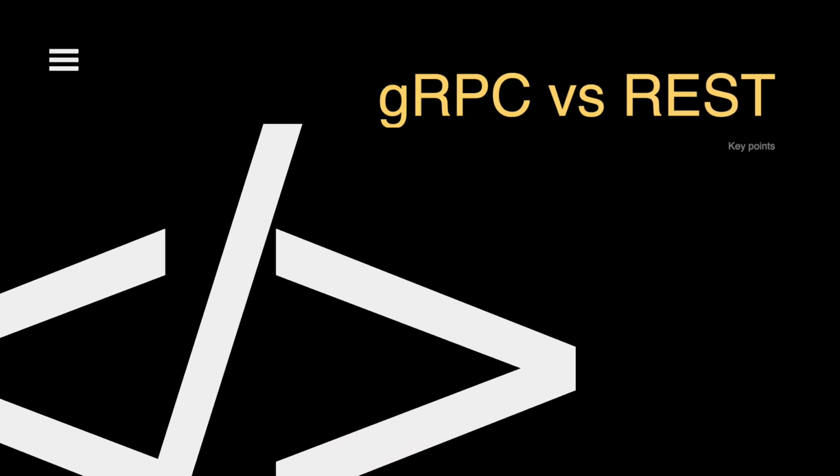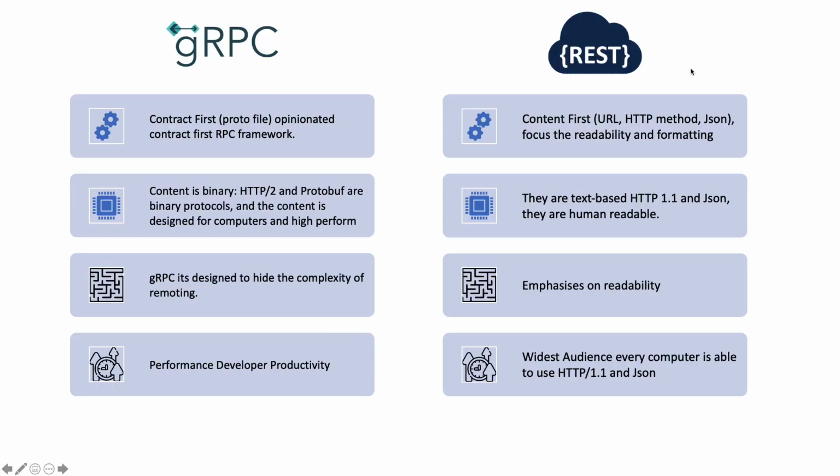What's the difference between gRPC and REST? So let's look at the first thing, which is content. So gRPC is basically contract first. It utilizes something called a Proto File, which we're gonna delve more into when it comes to building our application. But basically, it's an opinionated contract first RPC framework. So what does that mean?